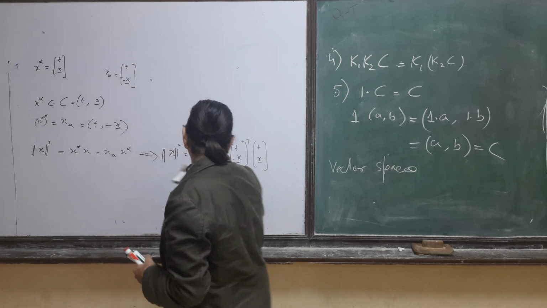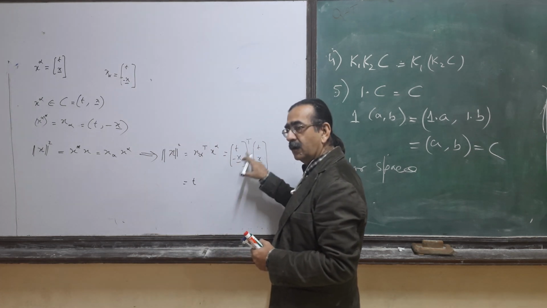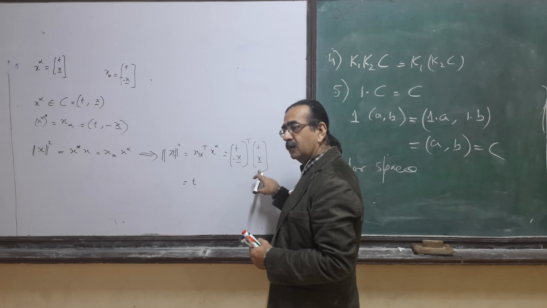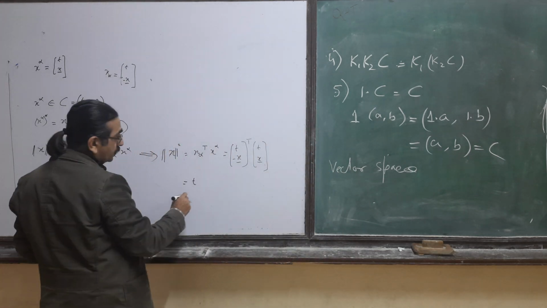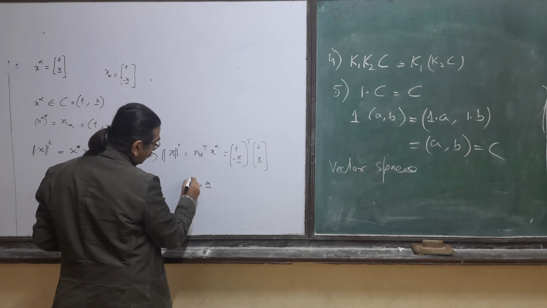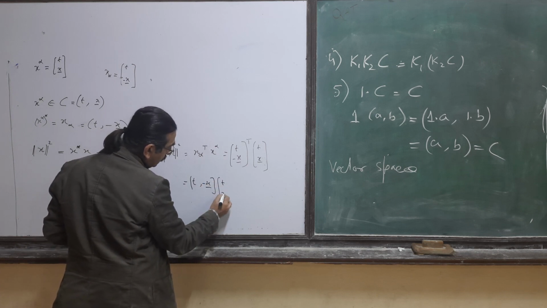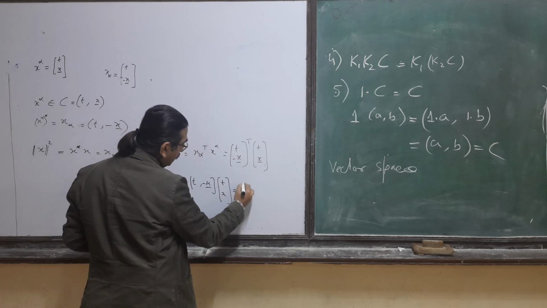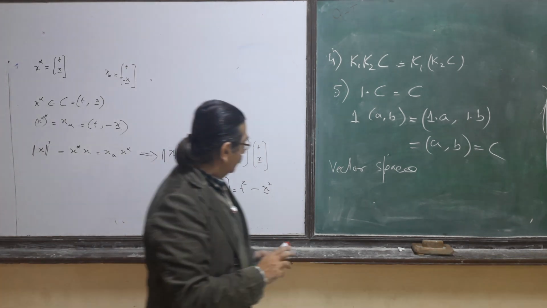I have taken the covariant t minus x, contravariant t x, if you recall. So t minus x square.